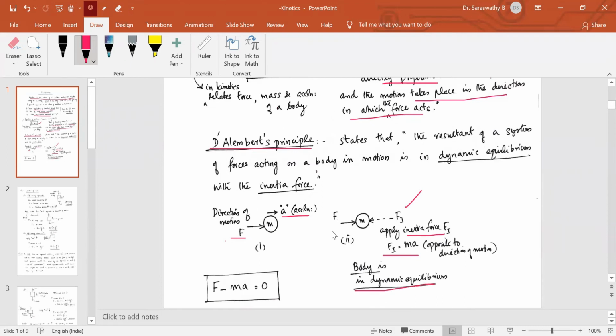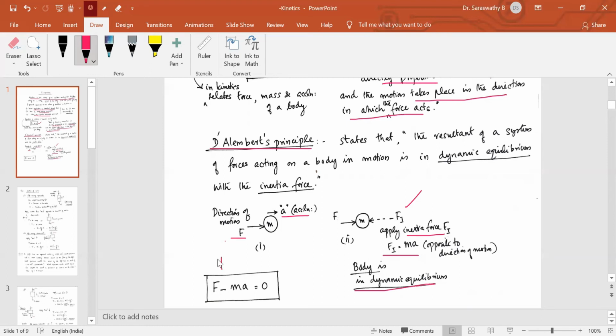Once a system is in equilibrium, we can apply the principles of statics: sigma H is equal to 0, sigma V is equal to 0, etc. There are two forces: F, the actual force, and the fictitious or imaginary force, the applied inertia force. So F minus Fi is equal to 0.